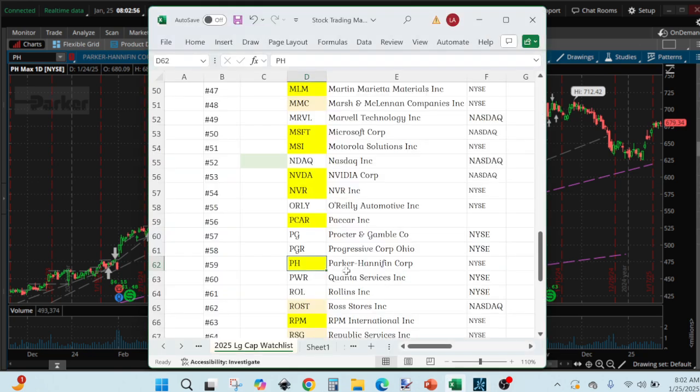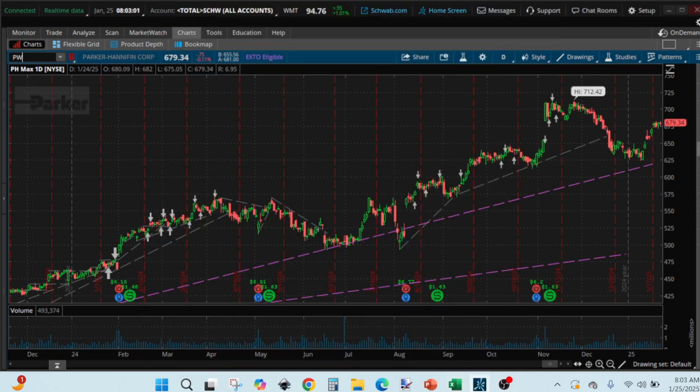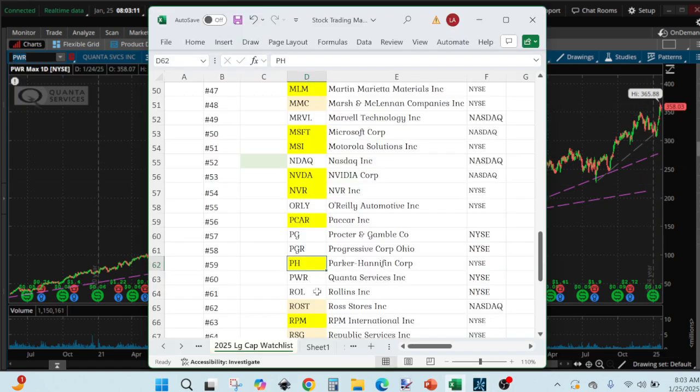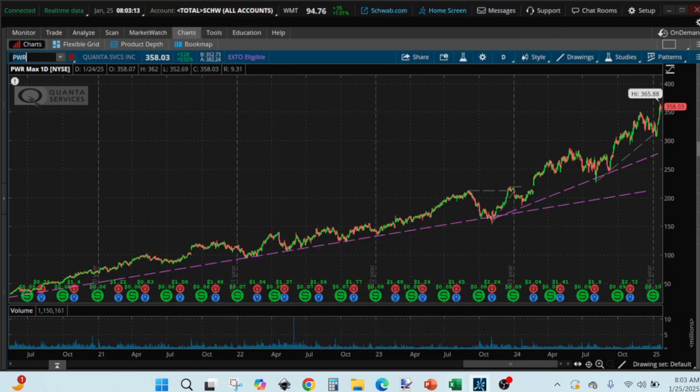So the next one is PWR. PWR, we have two trend lines that we like to use to buy. Right now it's going up, it's not going down. The next one is ROL.